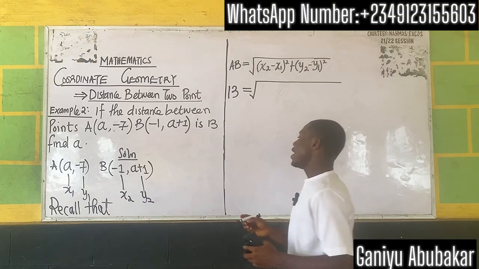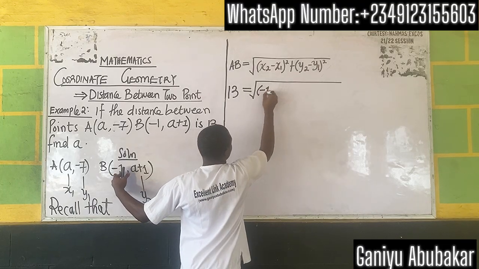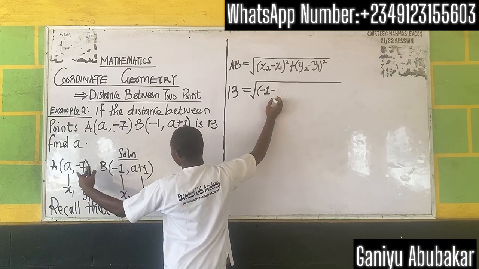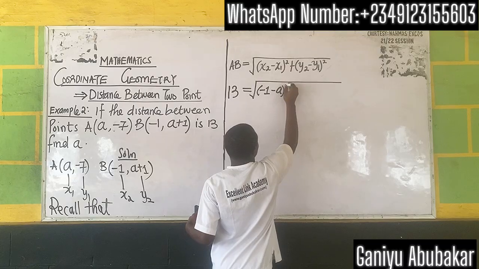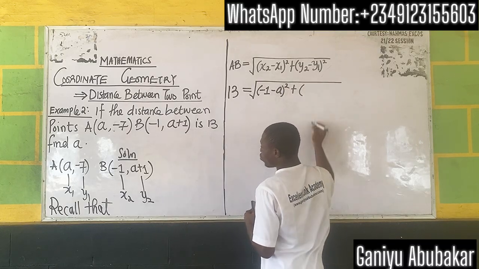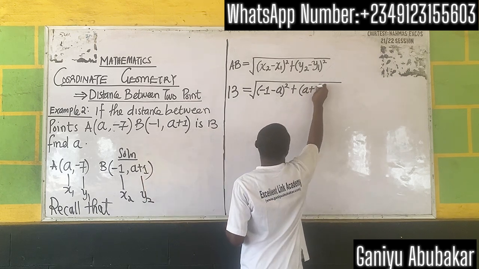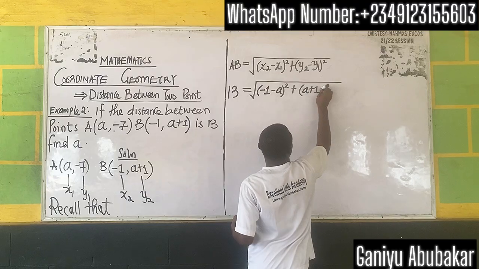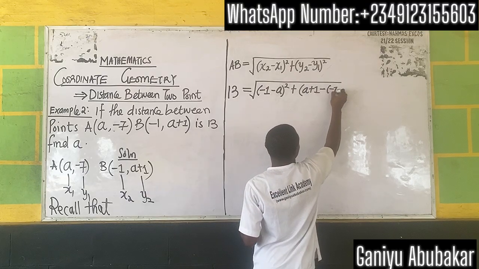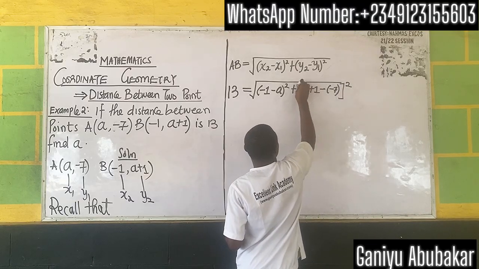What's x2? x2 is negative 1, so that's minus 1 minus x1. x1 is of course A, all squared, plus y2. What's y2? y2 is A plus 1, so that's A plus 1 minus y1. That's negative 7, so minus minus 7, all squared this way.